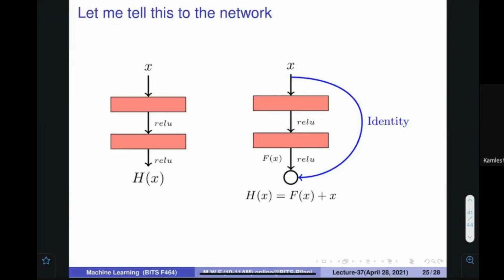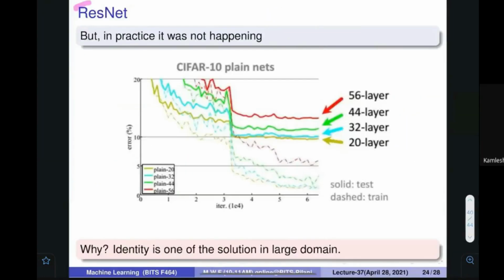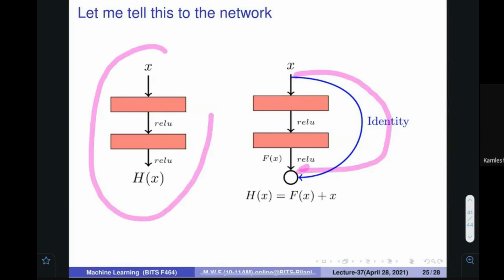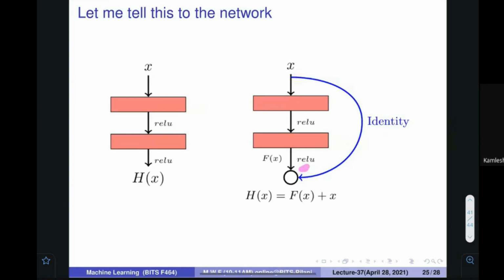So the main important idea of this particular network, ResNet, was this: apart from this idea, they introduced a skip connection. They told that this network is not going to work. We have seen that this network is not going to work. So I am going to add a skip connection from here to here.